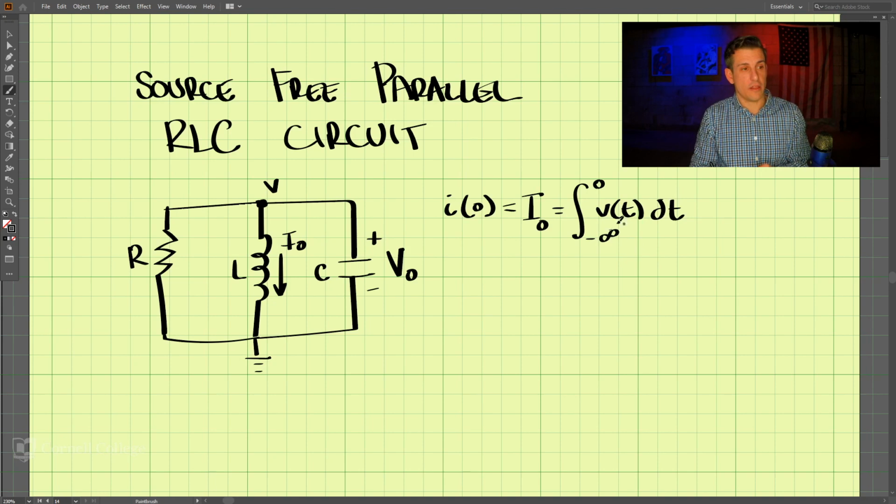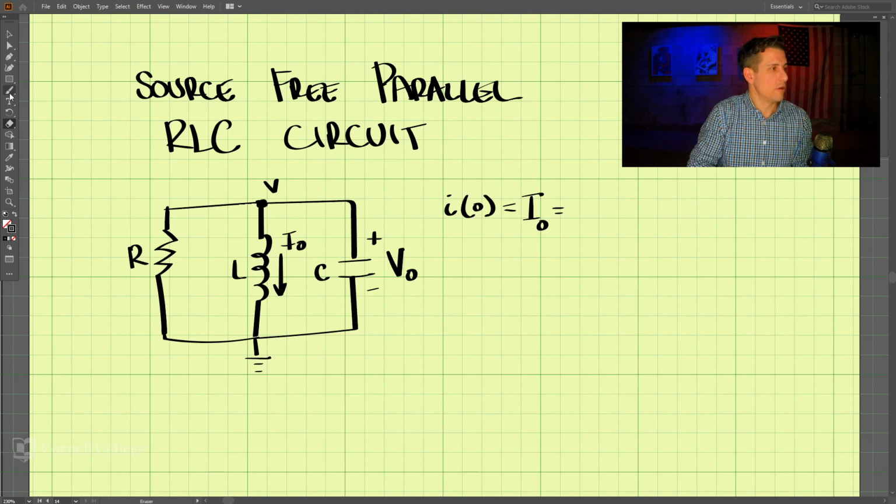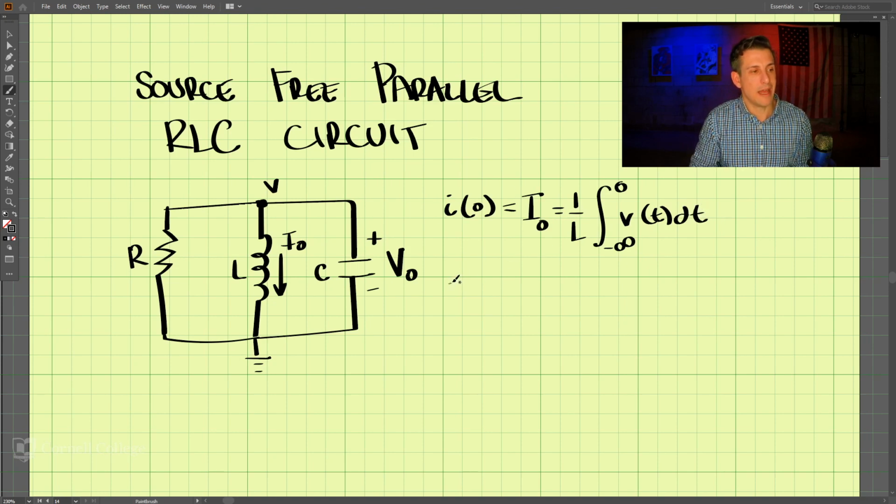I forgot the 1 over L, so let's write that again: it is 1 over L times the integral from negative infinity to 0 of v of t dt. And we also know that the voltage across the capacitor at time 0 is V naught. So we know these two things.